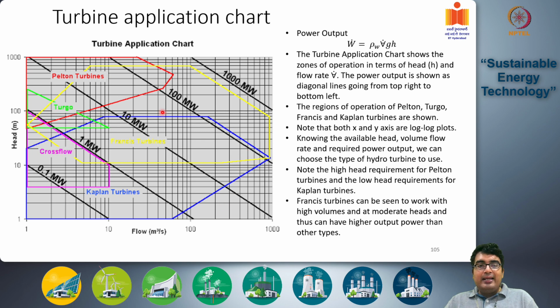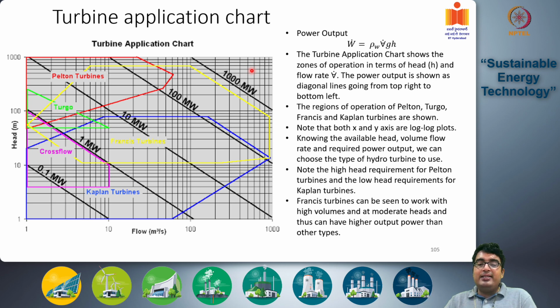Okay, and you can see here that Francis turbine is the only turbine that goes to the highest flow rates here and goes close to 1000 megawatts. None of the other turbine types can go up to 1000 megawatts. So for very large outputs you are basically going into the Francis turbine region.